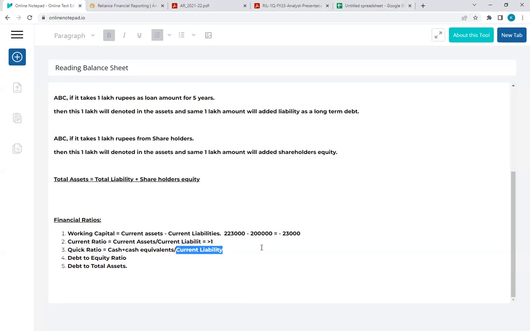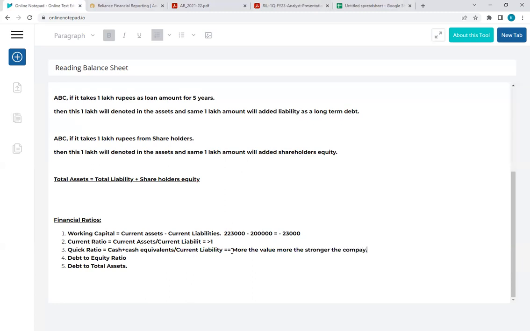There will be other assets also in the asset section, but still it shows the ability to pay the current liabilities with the cash available in their hands. If it has a higher value, the stronger the company.